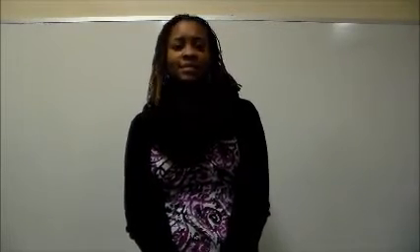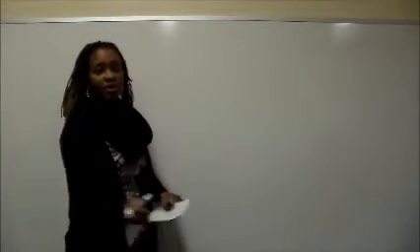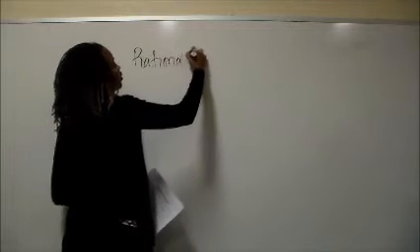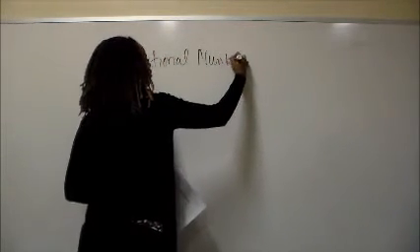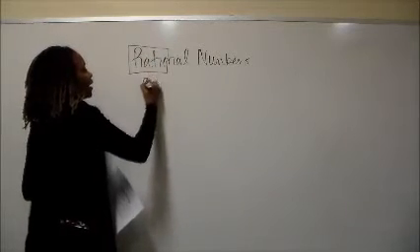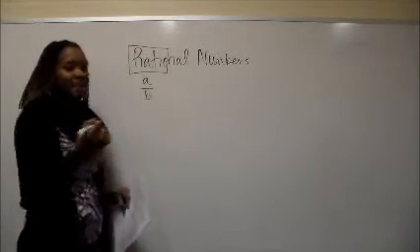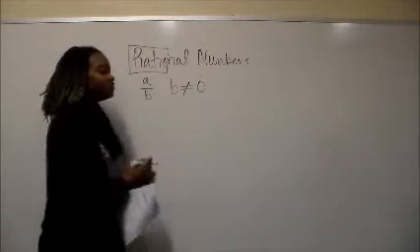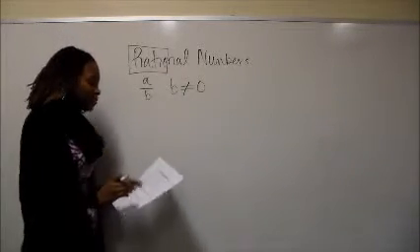It's been a while since we talked about what a rational number is, so let's just review. Remember, the root word of rational was ratio. And so we're dividing A by B, as long as B does not equal 0, and you have a rational number.